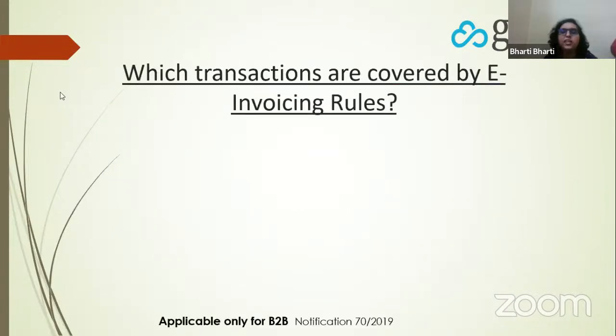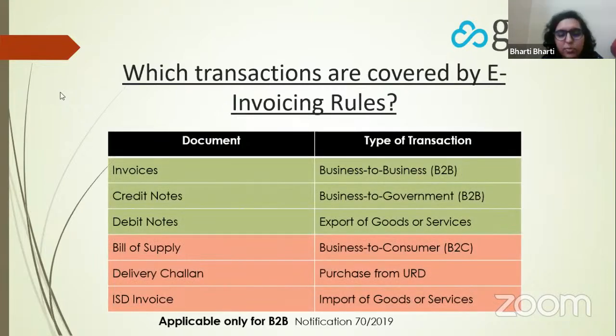Which transactions are covered under e-invoicing rules? Now this slide is very important. Please pay attention. Now let's look at the document for which e-invoice has to be generated. It is to be generated for taxable supplies, that is invoices, and the credit and debit notes against those taxable supplies.